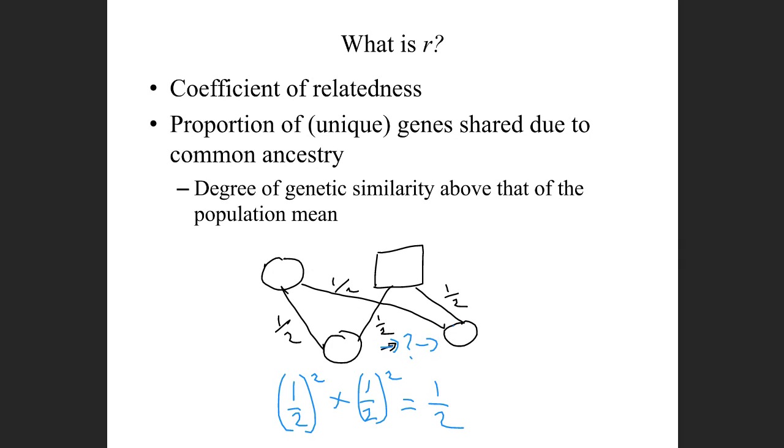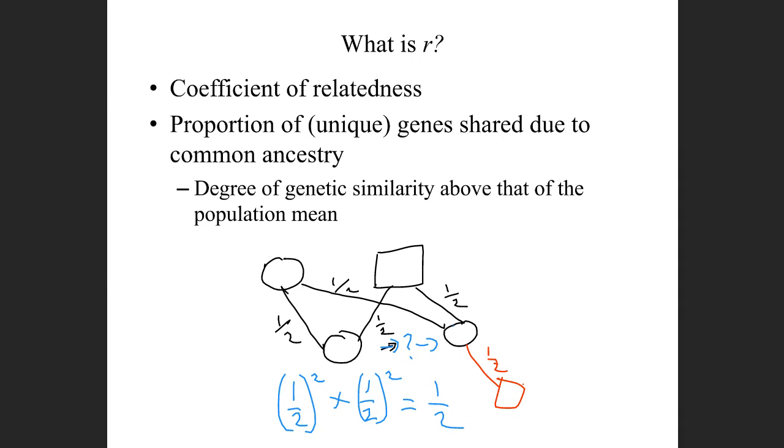How many genes do you share with your, let's change the color. Let's say your sister has a son, your nephew. How many genes do you share with your nephew? Well, now there's only a 1 in 2 chance that the gene you share with your sister gets passed on to her son.